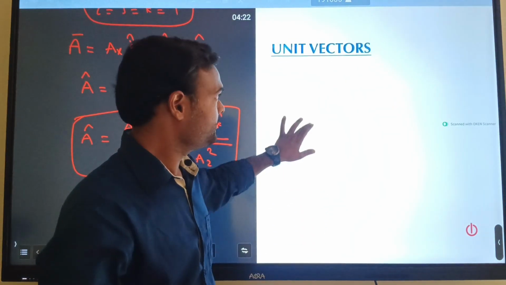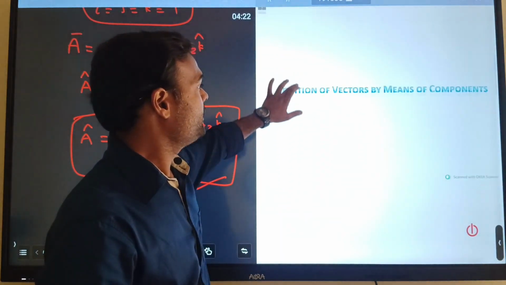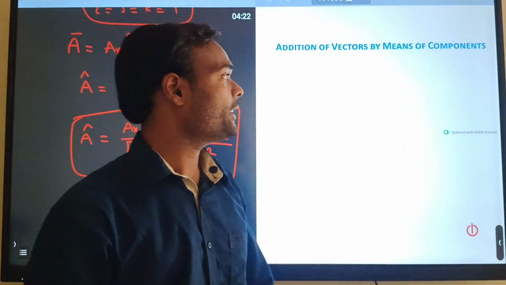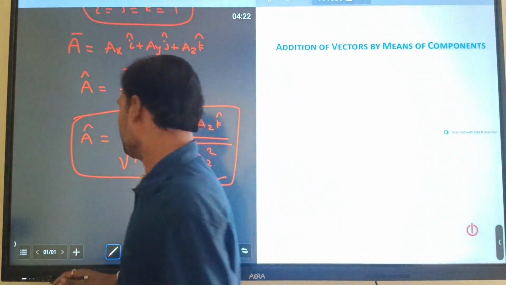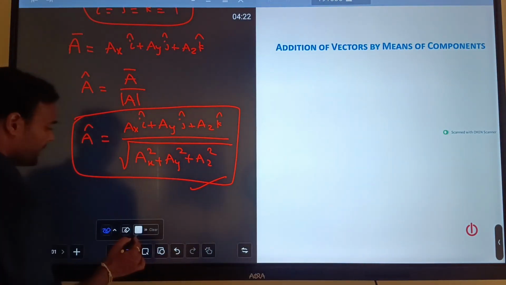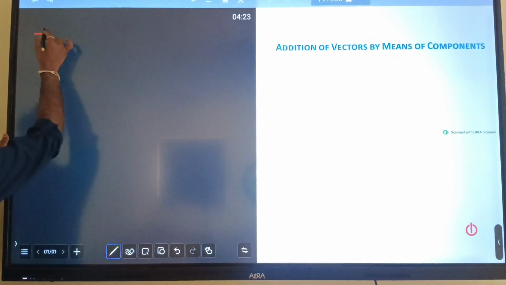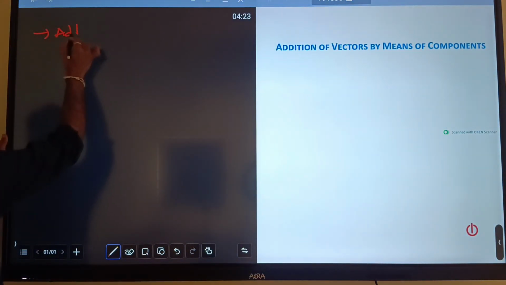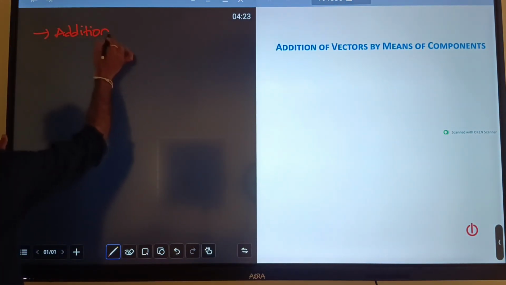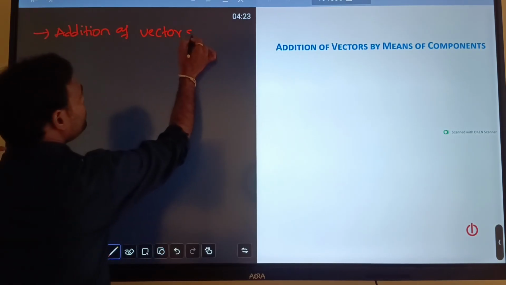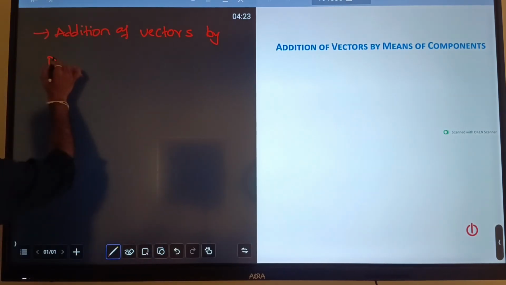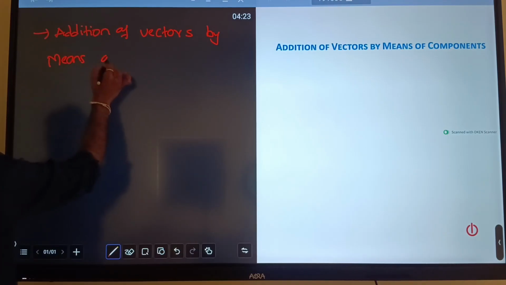Okay, then the next part, vector addition. Addition of vectors by means of components.